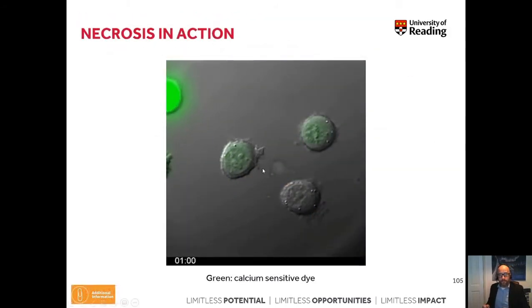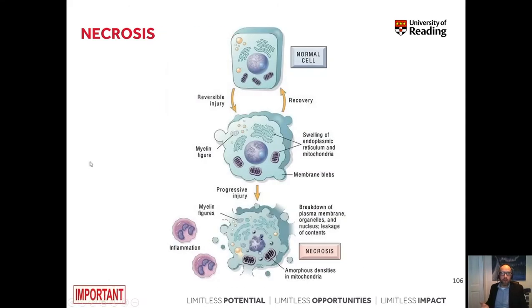What you can see here is an experiment conducted in a dish. Here the cells have been fed with a calcium-sensitive dye. So as you can see here, the first step is always influx of calcium. Calcium enters the cell, and the cell is swelling, followed by uncontrolled release of the cytoplasmic compounds. So again, during necrosis the first step is that calcium enters the cell.